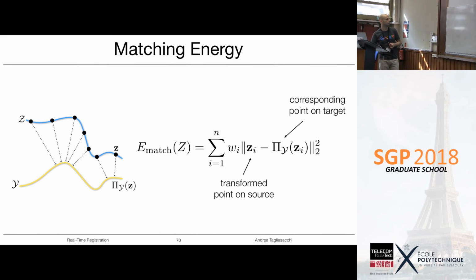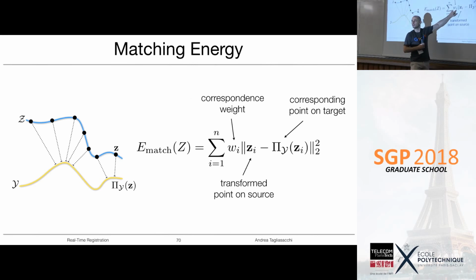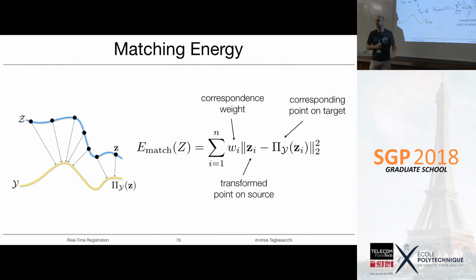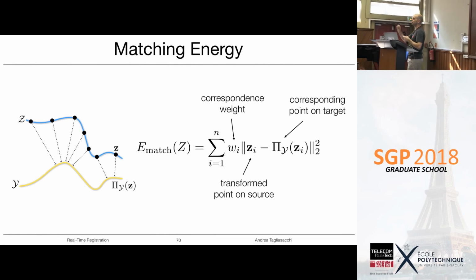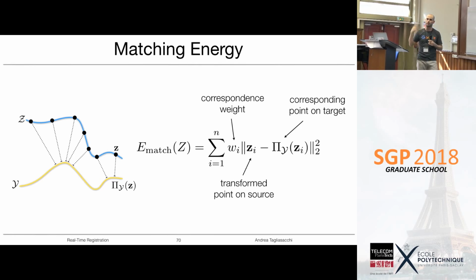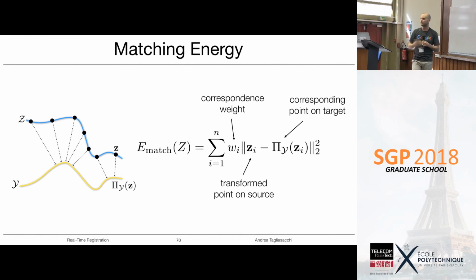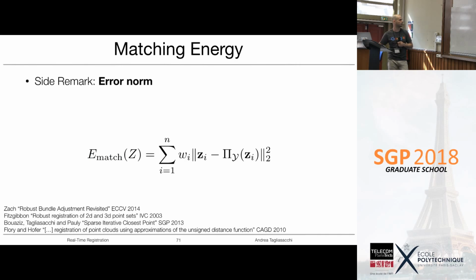So remember, we have the transformed point, we have the corresponding point on the surface, and now what we can do is add a correspondence weight here in the front. And people in the past have done a lot of manual heuristic tuning of what the weight omega_i is. One form was the normal orientation discard that I was mentioning earlier while talking with Michael. But there is actually a proper way of looking at the problem from a statistical point of view.